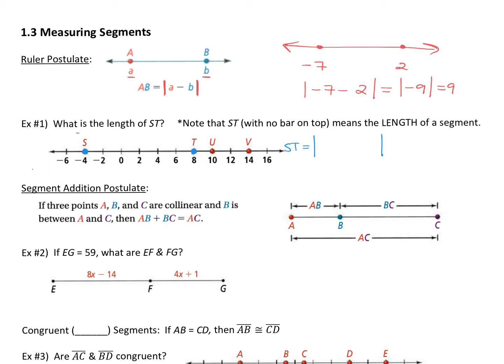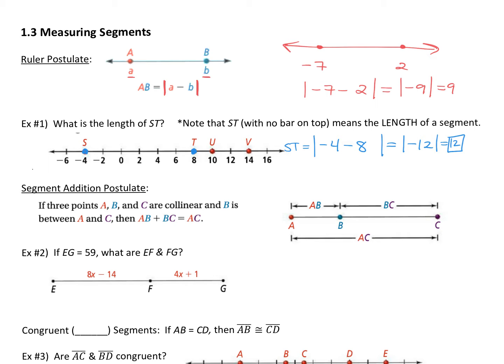It does not matter because when you take the absolute value, it will become the same answer either way. So do that. You get the absolute value of -12, which is 12.